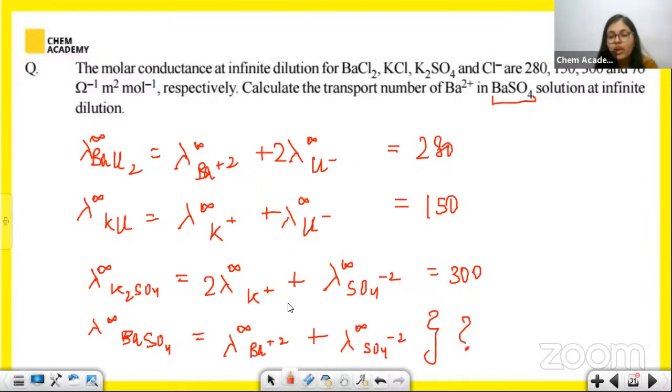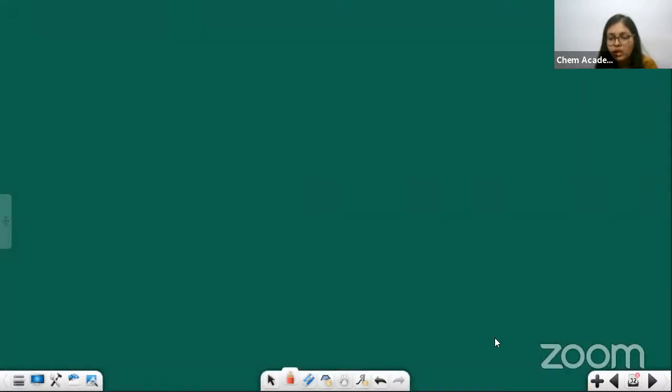So to get this, we will have to add or subtract these equations. We need Ba and SO4. We will get that from equation 1 and equation 3, but we will also get K plus and Cl minus extra. So we will subtract twice of equation 2.